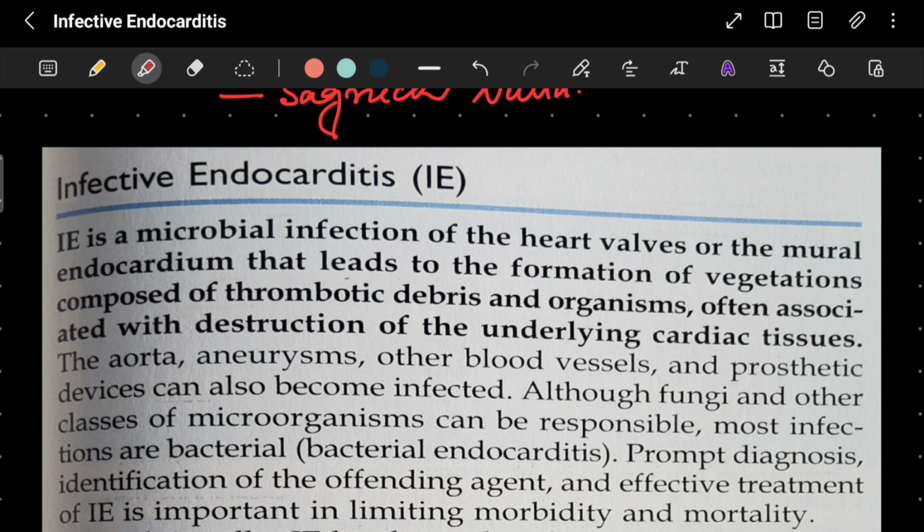Infective endocarditis is a microbial infection of the heart valves and the mural endocardium that leads to the formation of vegetations composed of thrombotic debris and organisms, often associated with the destruction of the underlying cardiac tissues.